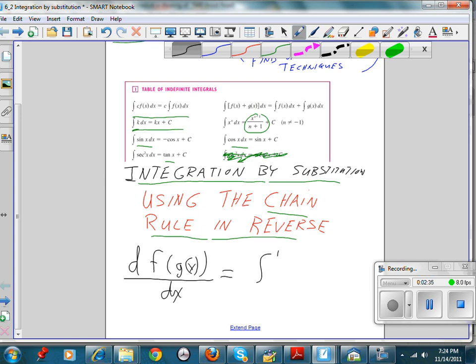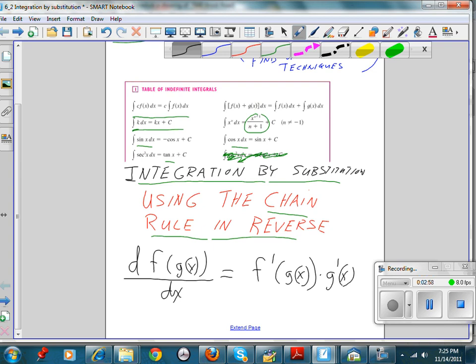Sorry, I'm putting integral symbols down. It's crazy. Okay, this would be the derivative of the outside function evaluated at the inside function times the derivative of the inside. We could put it in the front or the back. I'm going to put it in the back this time.